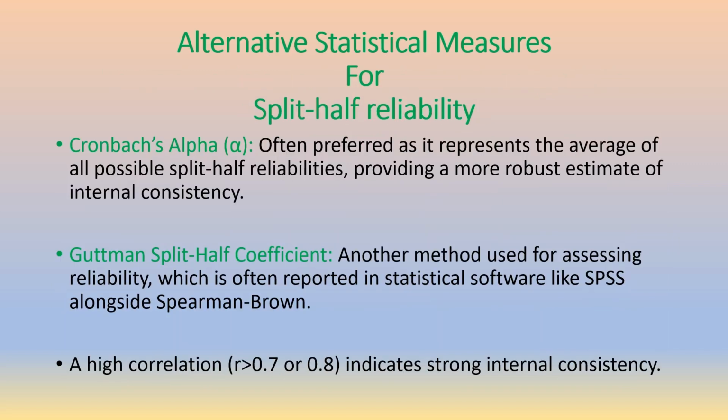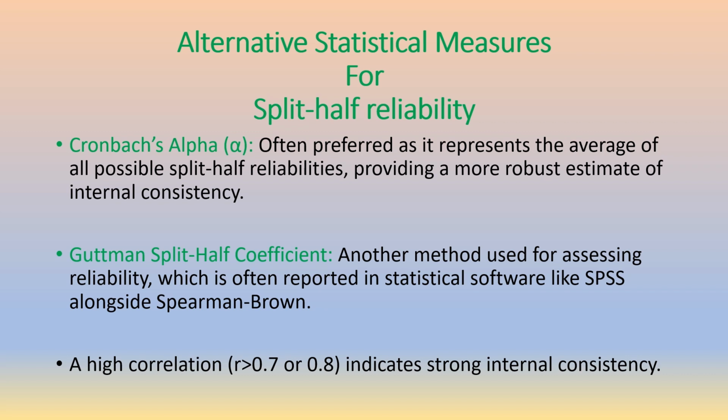Alternative statistical measures for split half reliability. Cronbach's alpha is often preferred as it represents the average of all possible split half reliabilities, providing a more robust estimate of internal consistency.